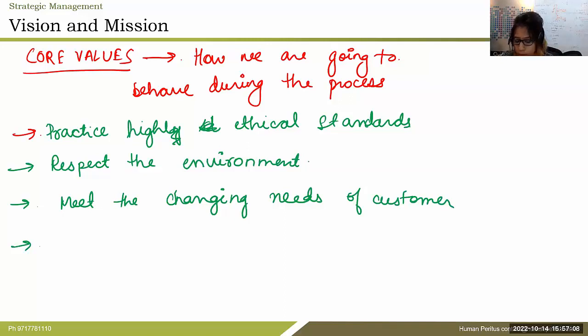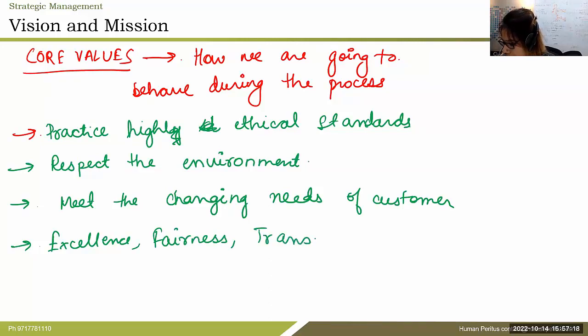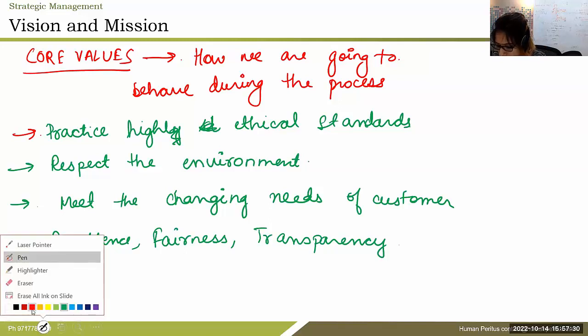Through which can I do that? Through excellence, or maybe fairness, or maybe transparency. So what are core values? Core values tell us how we are going to behave during the process. These are the core values.